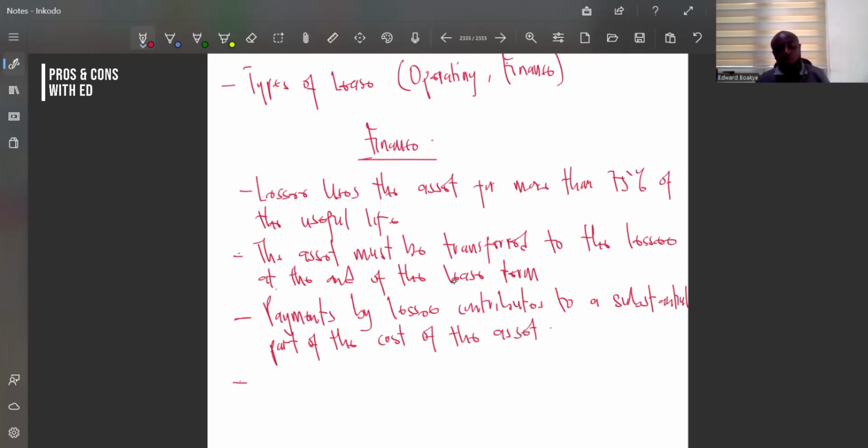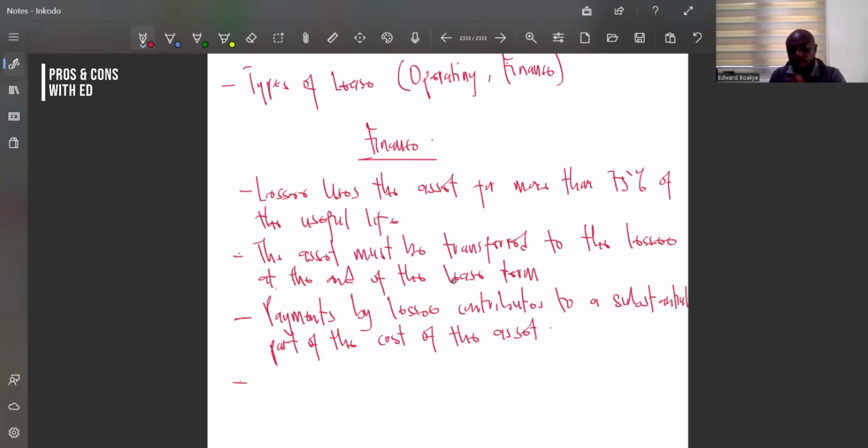You pay out a substantial part of the cost of the asset. That's one point. Let's add one last point.